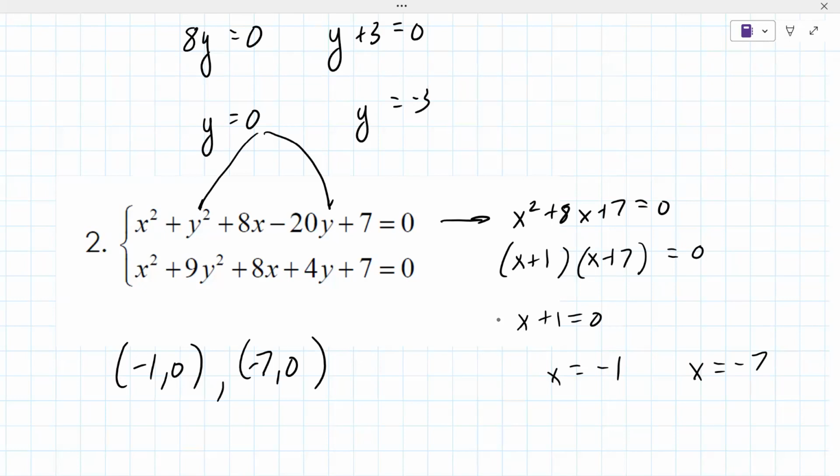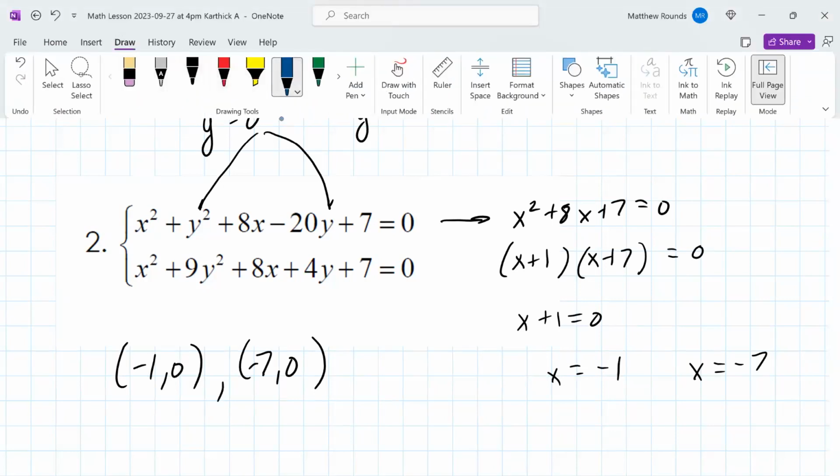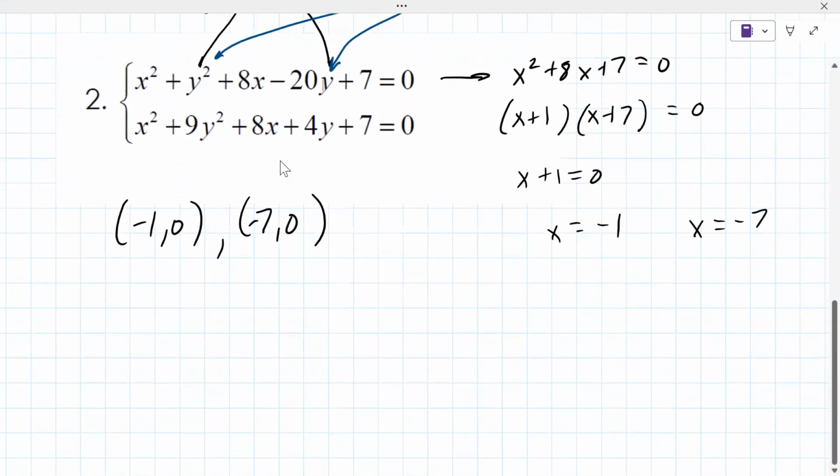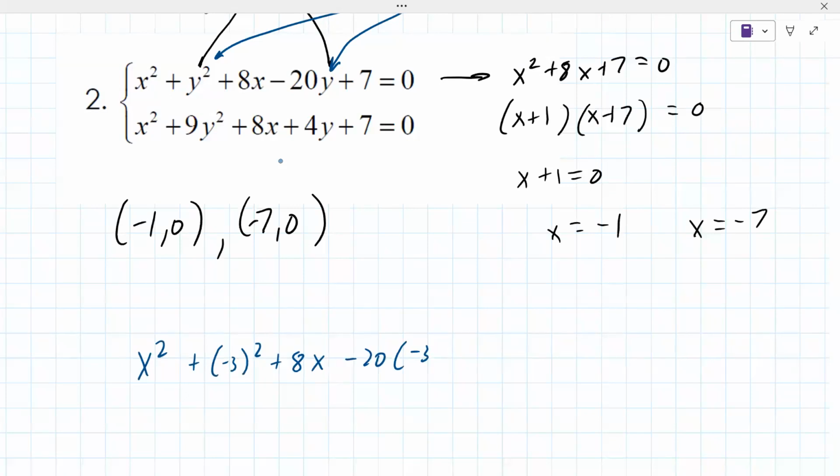Is that okay? Yeah. All right. Now for the y equals -3, it's just a bit more work. Gonna do that in a different color here. We're still gonna put it in for y, but it just gives us a little bit more stuff. So it's x squared plus (-3) squared plus 8x minus 20 times -3 plus 7 equals 0.